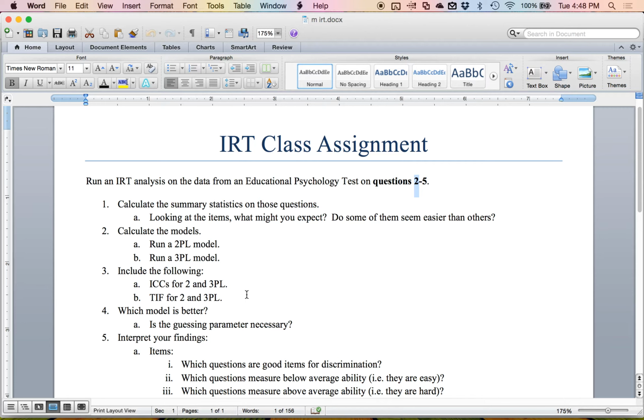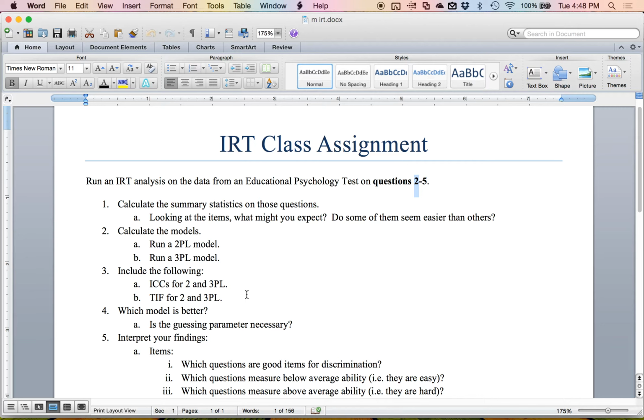It's not always used. Now in a 1PL, there's just the difficulty parameter. It tells you where people are getting it right or wrong, but it forces all of the slopes to be the same. That's very tempting, but if you've been in scale development for more than 5 seconds, you will know that some questions are just harder than others, and so some questions are better than others. And so a Rasch model is very easy, but it's maybe not the best idea.